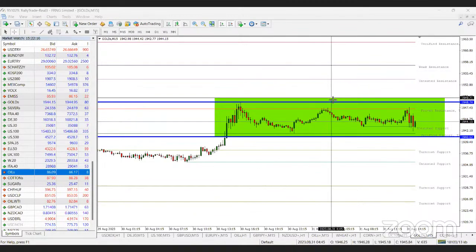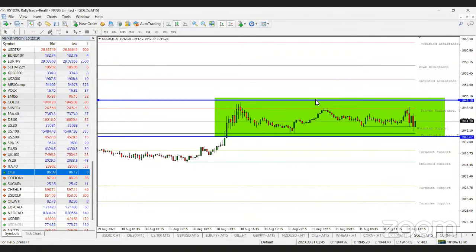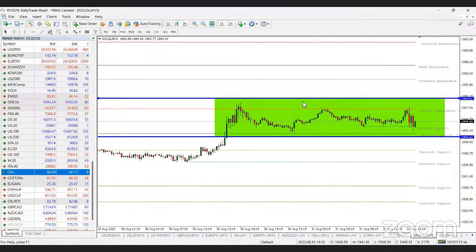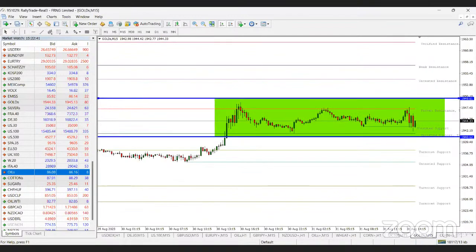Or let me adjust the buy entry, just so that we're following what we already have. So I can buy gold from 1950 to 1952. Okay, that's gold. Let's look at US 30.